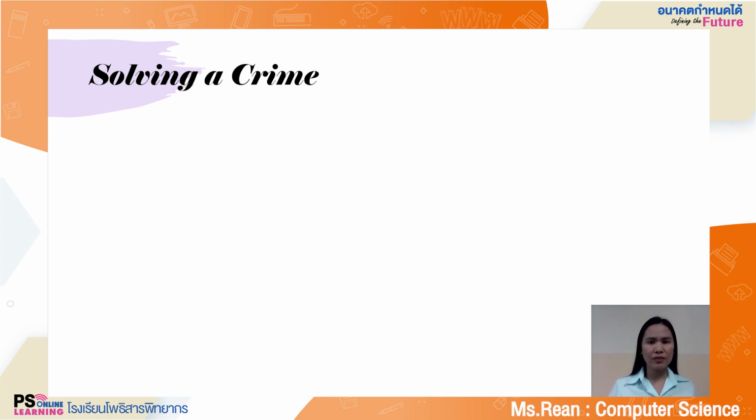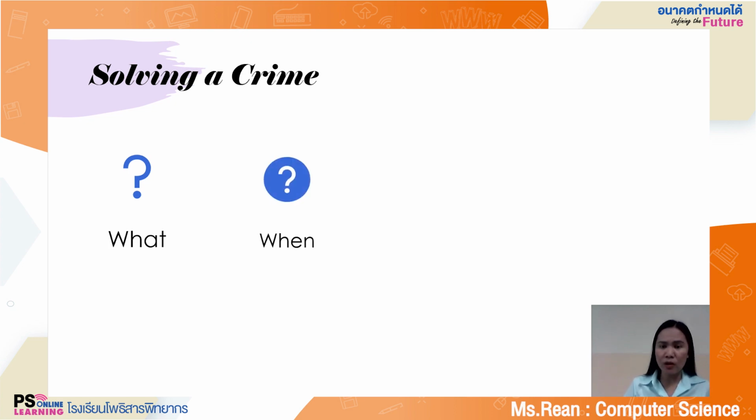Let's have another example. Solving a crime. How do we decompose this task? What are the things that we have to consider? How do we break this problem into small parts to make it easier to manage? We have to consider what. What was the crime? Another one, we have to consider when did the crime happen? What else? We also need to consider where did the crime happen.